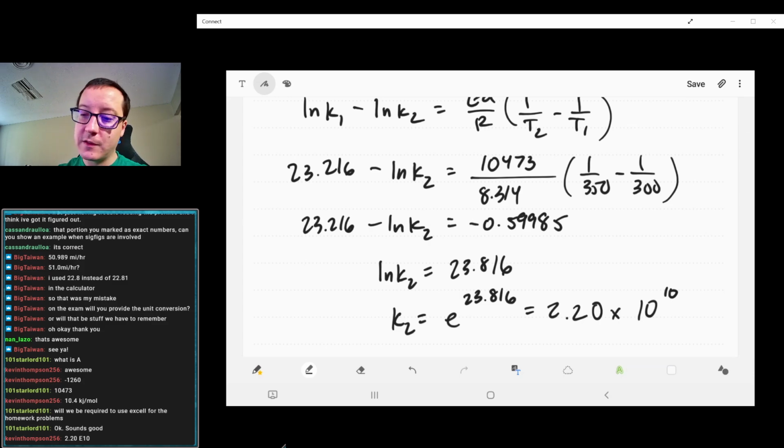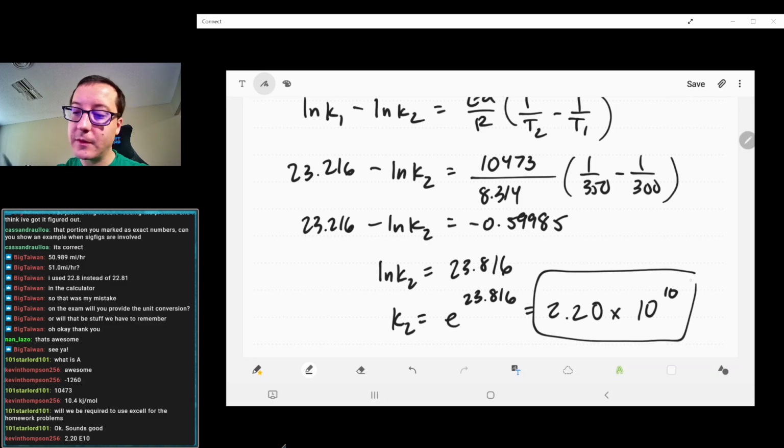But there we go. So this is a very fast reaction. Super duper fast. A trillion whatevers per second. Awesome. So there we have it. That is how we can see the temperature dependence on our rates of reactions.